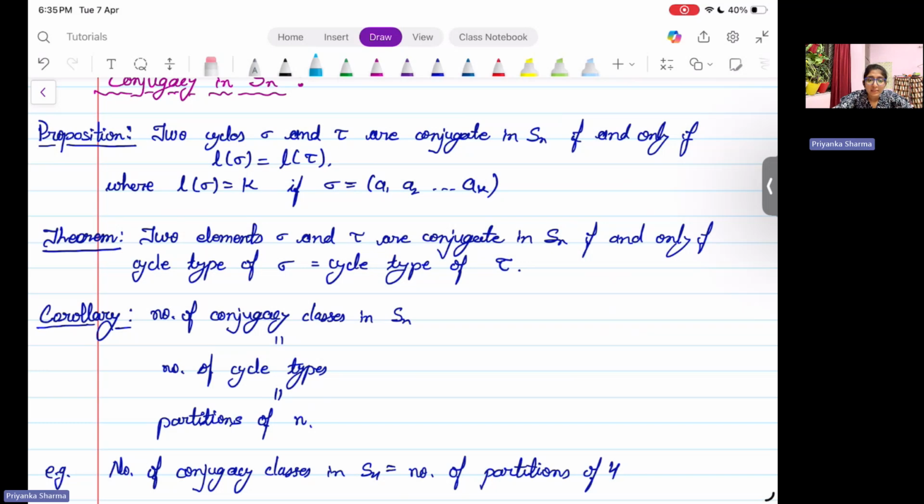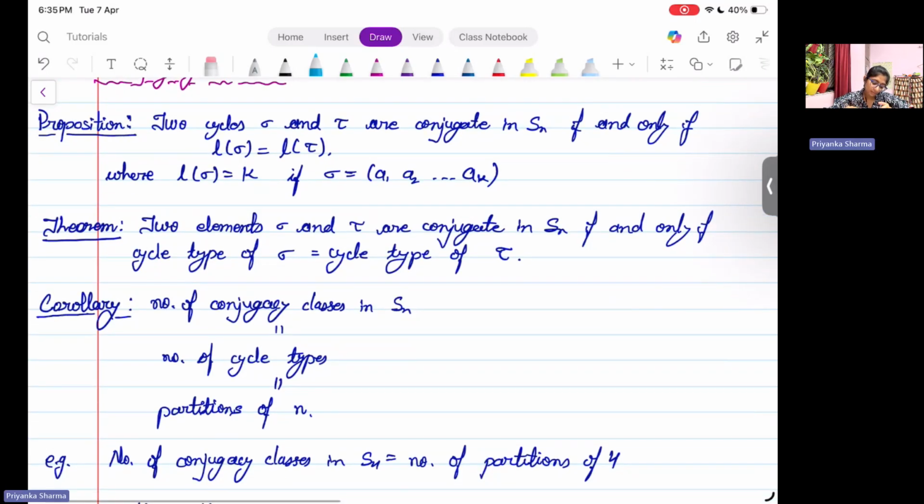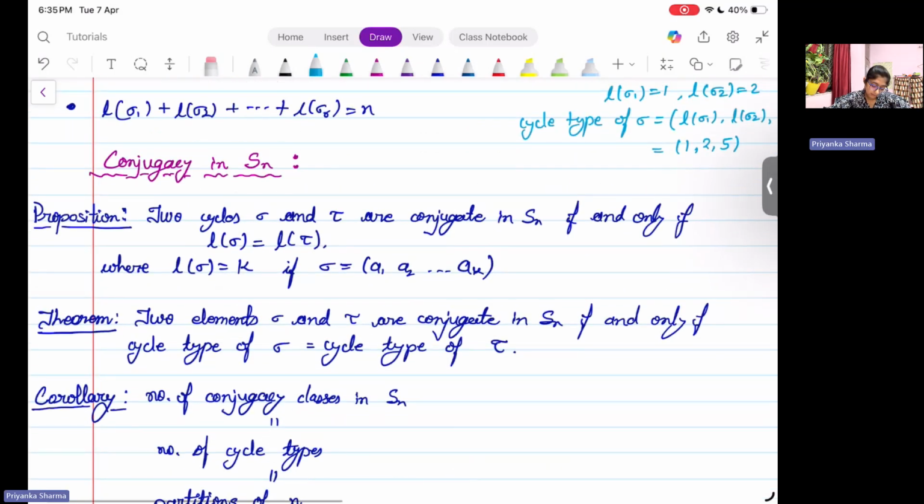Now, two elements, sigma and tau, are conjugate in Sn if and only if their cycle types are the same. This theorem is very important to figure out the conjugacy classes in Sn.